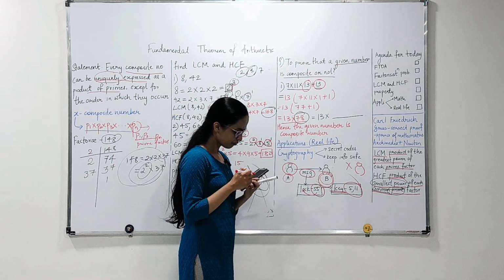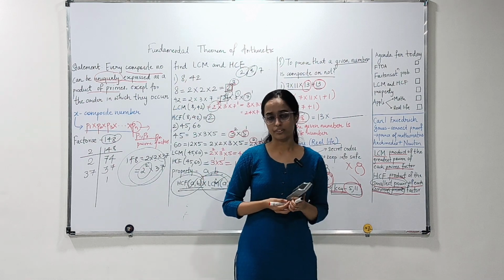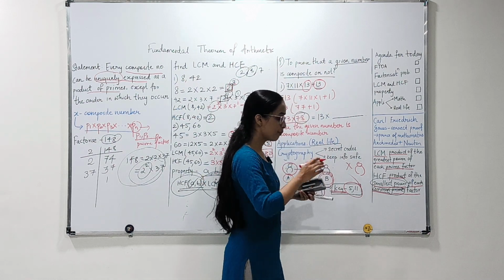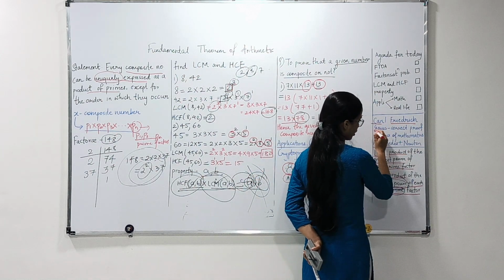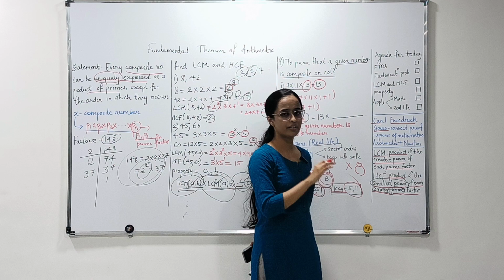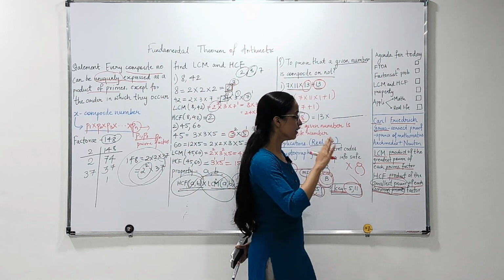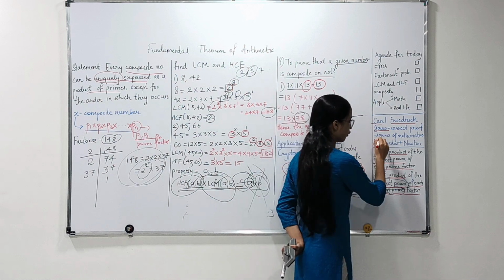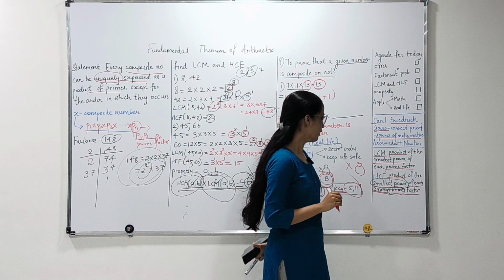So finally, I would want to tell you that this particular theorem has been proved by Carl Friedrich Gauss. Now he was a renowned mathematician of his time and he is also called the Prince of Mathematics for his marvelous contributions to the field of mathematics.